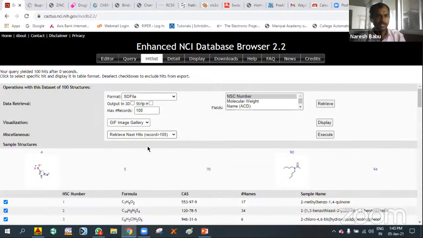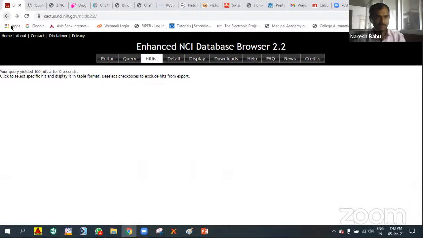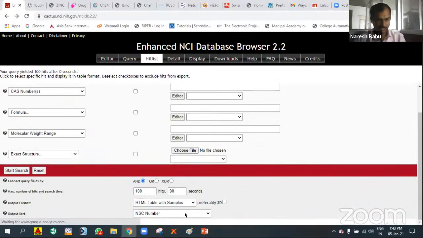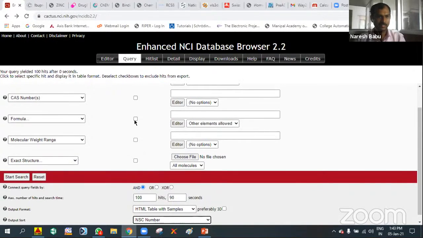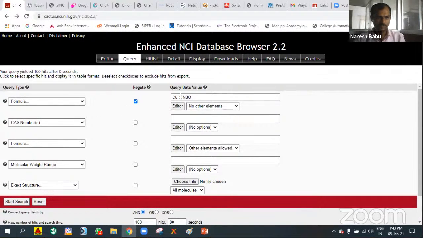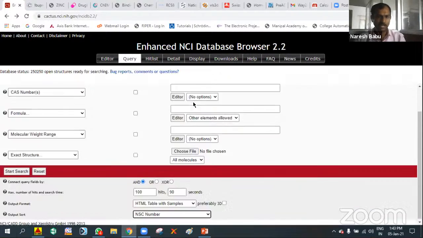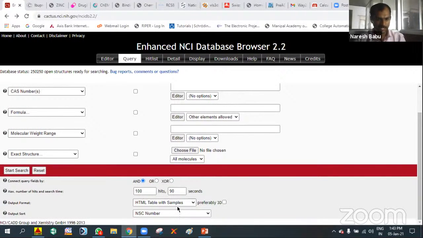Sorry, one thing I missed: here I need to keep the similarity option only with the similarity query. The query I gave is the formula, so with the isoniazid formula and that similarity query only, I need to get the information. So I make the start search.